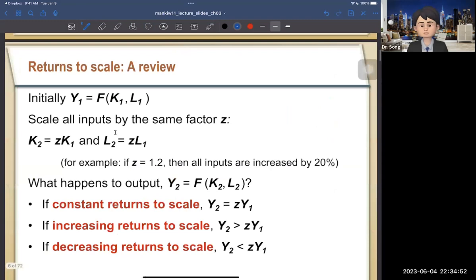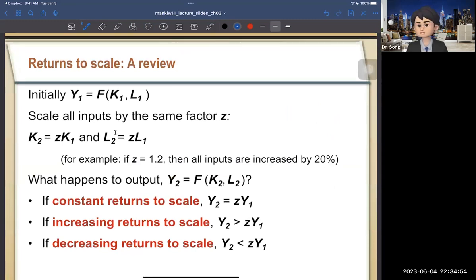But I'm going to talk about the details step by step. So returns to scale. Let's say we have the production function F and we have capital, the first unit, K1 and L1, okay? Now, when you multiply the capital by Z times, then that's K2.